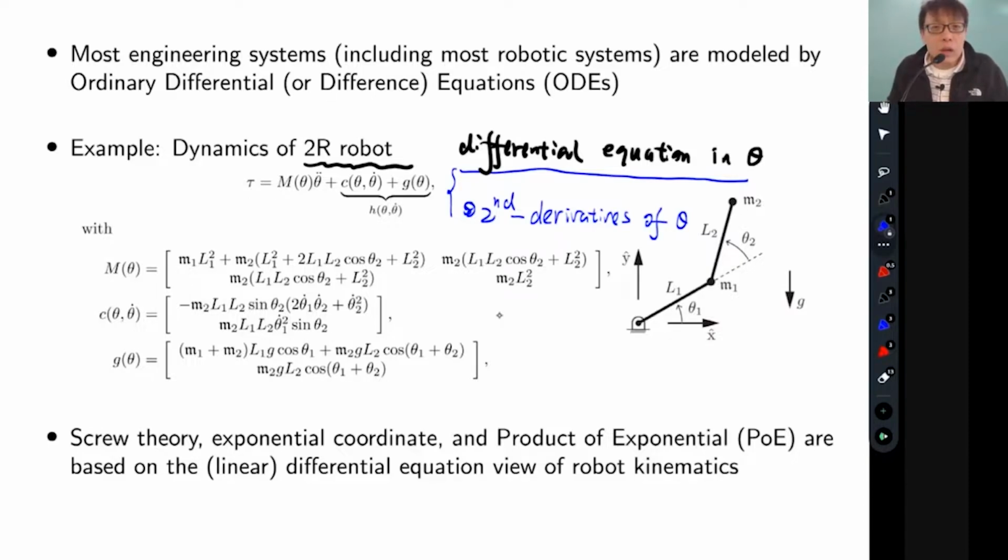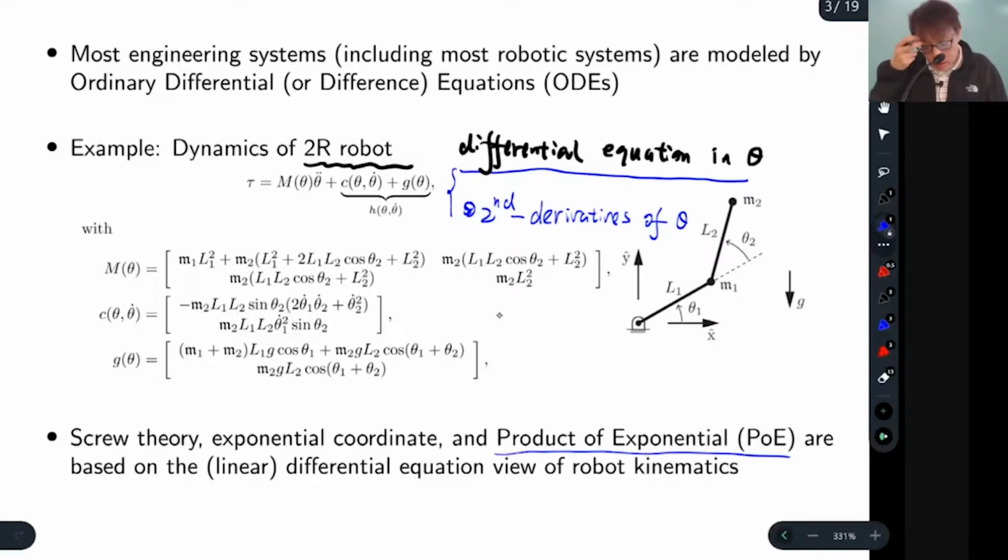Not only dynamics: it turns out that exponential coordinates, and the thing I care about the most, the product of exponentials, are all based on a differential equation view of robotic kinematics.